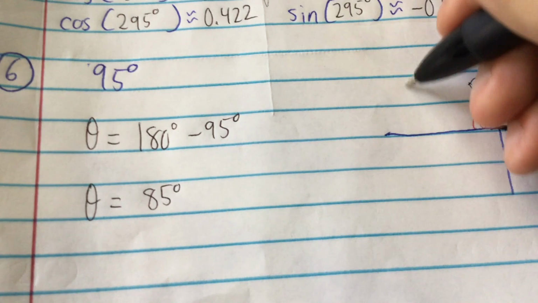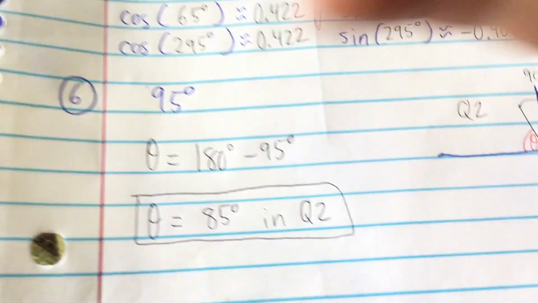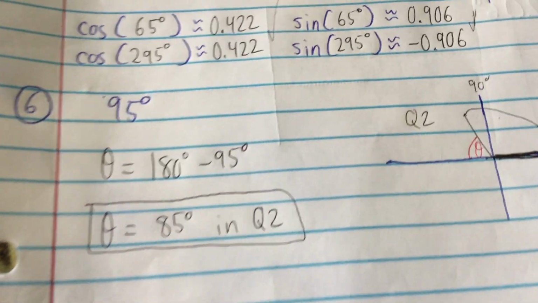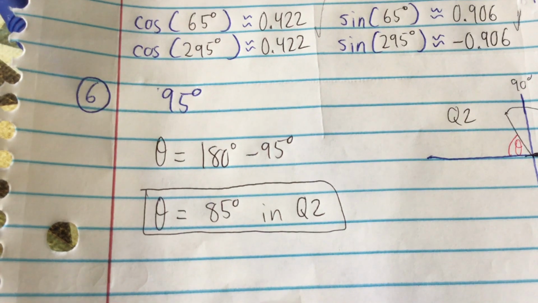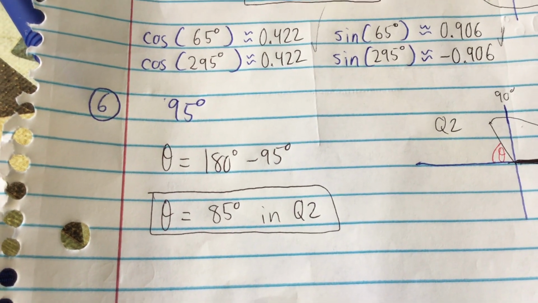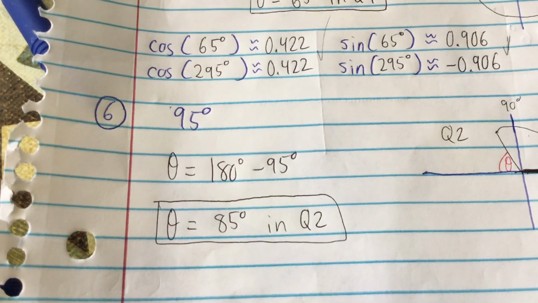And we are in quadrant 2, so we say 85 degrees in quadrant 2. You can check your work by applying cosine and sine of 85 degrees and 95 degrees, and they should have a negative cosine and a positive sine.